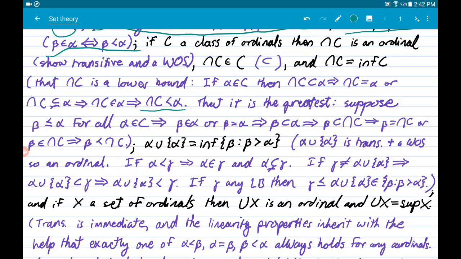Okay, now we will see that this intersection over the class is the greatest lower bound, so we suppose that we have some beta, which is also a lower bound for the class, and we would like to show that beta is less than or equal to the intersection over the class. We assume that beta is less than or equal to everything in the class. Well, that means it's in every element or equal to that element.